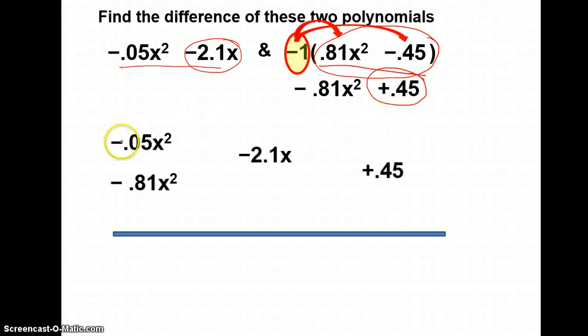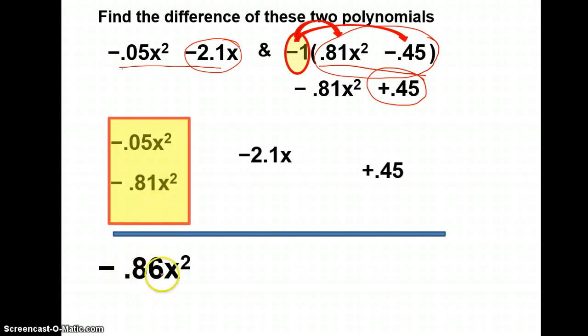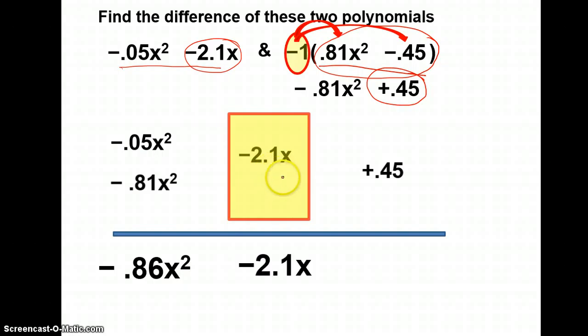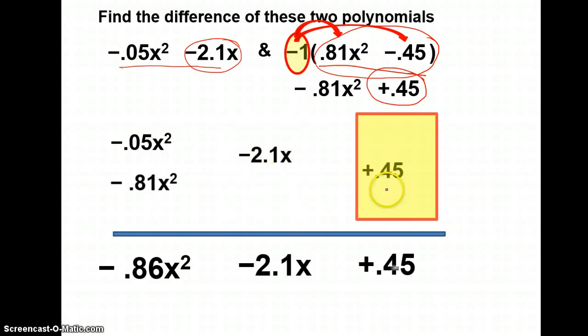If you want to work this out, there's negatives. You can go ahead and punch that in your calculator if you want. That should be a negative 0.86x squared, negative 2.1x plus 0.45. I realized I didn't pause in this one, so hopefully you did that.